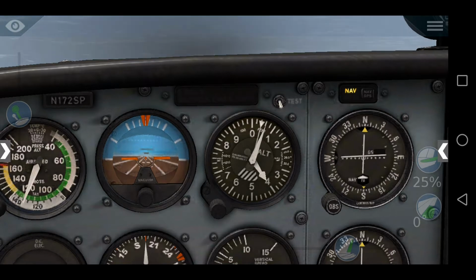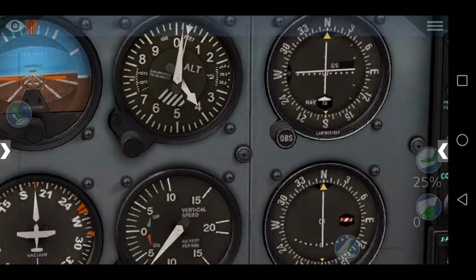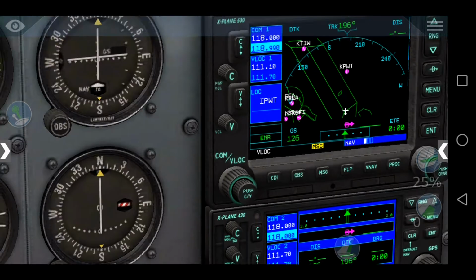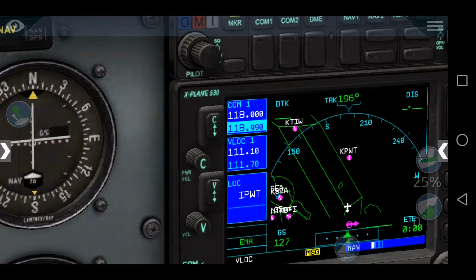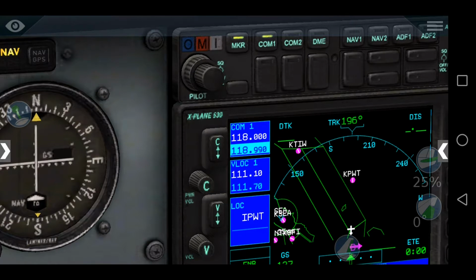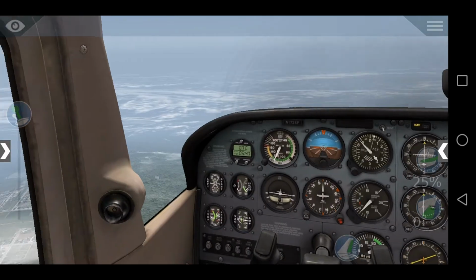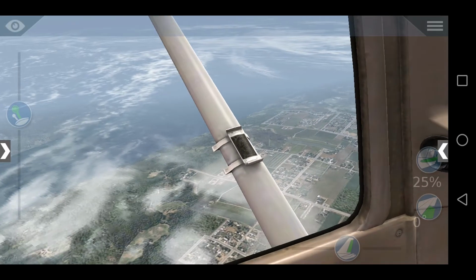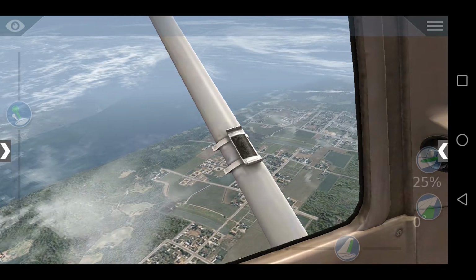Looking right now, we're actually coming below 4,000 feet on my altimeter, and that's quite interesting. Also, looking at the navigation display, you can see that the aircraft is pointing towards Kilo Papa Whiskey Tango. Already I'm very close to the clouds, and I can see some interesting views from below.